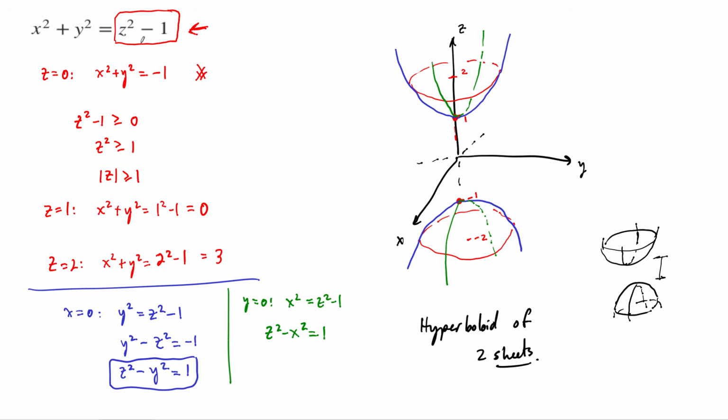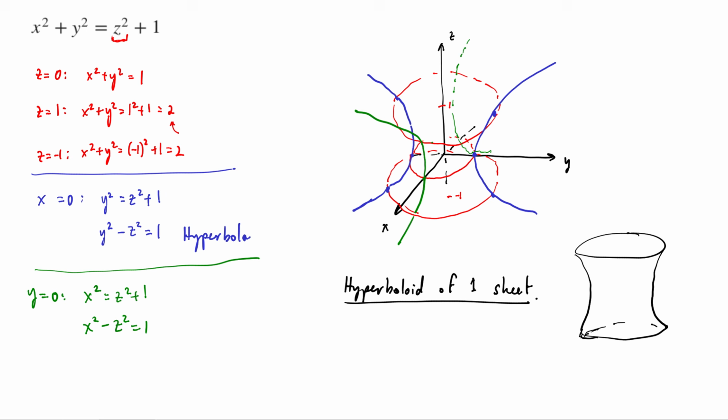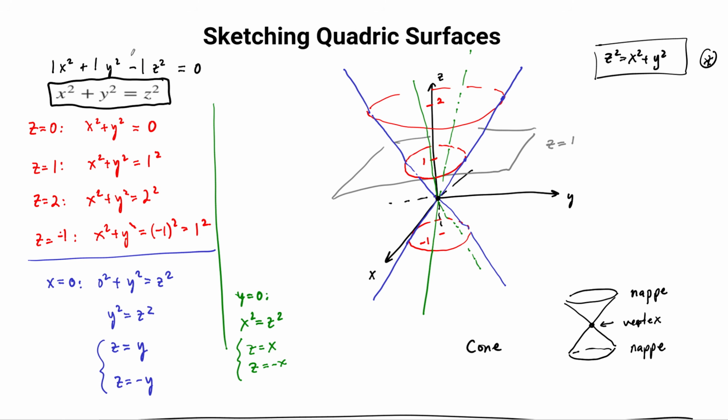And the plus or the minus, that portion determines whether it's one sheet or two sheets. So the minus on this side is two sheets, and the plus on this side is one sheet. If you can get it so that it has nothing on the right hand side, then you get a cone. So the cone is like the link between the hyperboloid of one sheet and the hyperboloid of two sheets. And yeah, that's how these things all fit together.